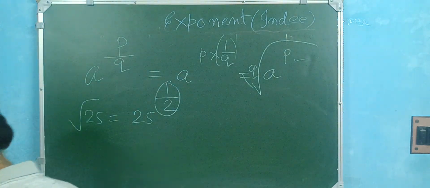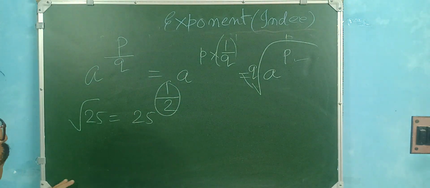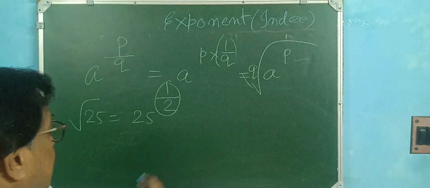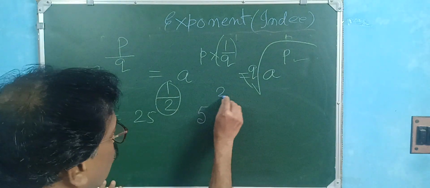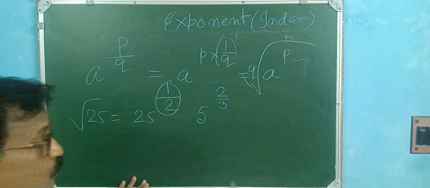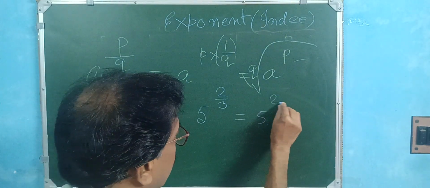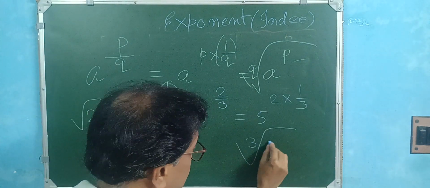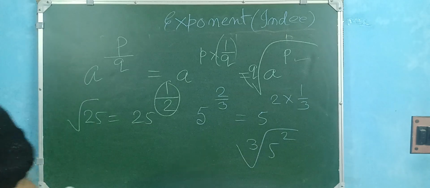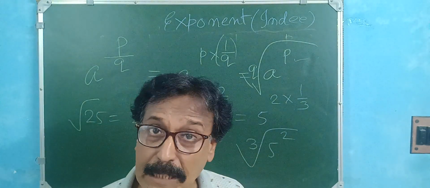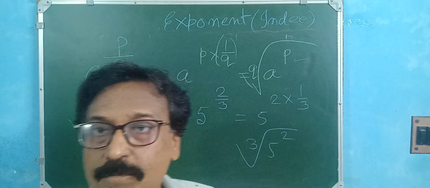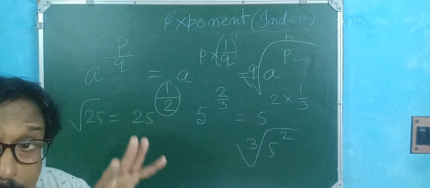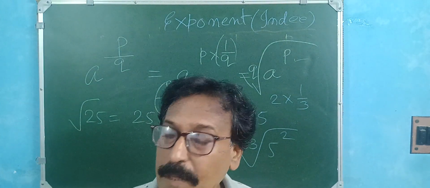Some example: suppose 5 to the power 2 by 3. What is this actually? First 5 square into 1 by 3. So this is 1 by 3, so here is 3, and this is 5 square. This concept must be clear. This is a very important thing. If you know these very well and keep them in mind, it will be easier to do maths when solving the sum.